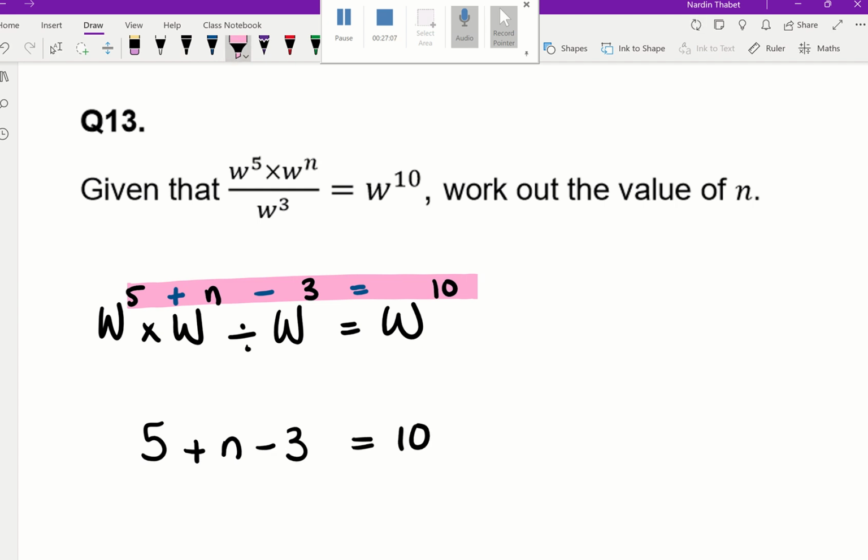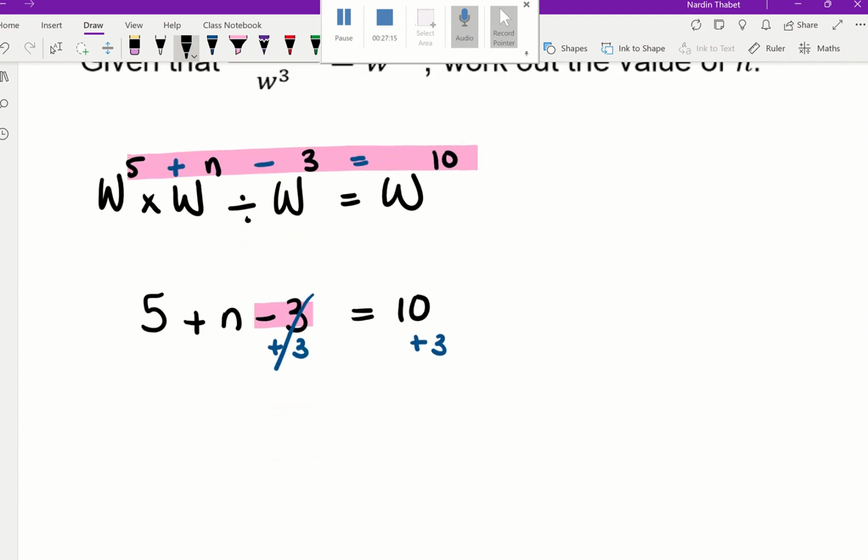So I need to do the opposite of these numbers. Minus 3, the opposite of that is plus 3. So I now have 5 plus n equals 13. Well, 5 is a positive number, so I'm going to take it away.